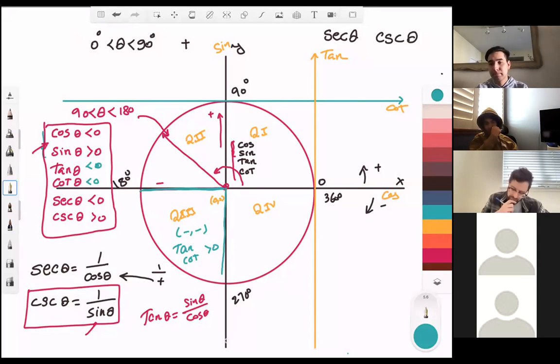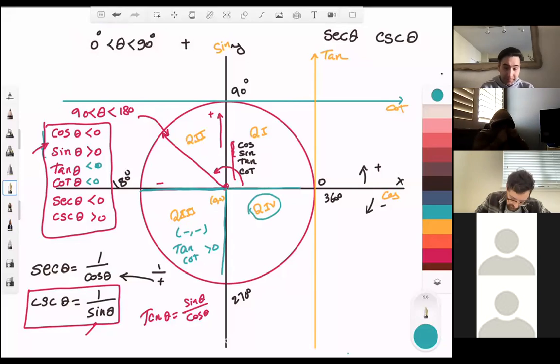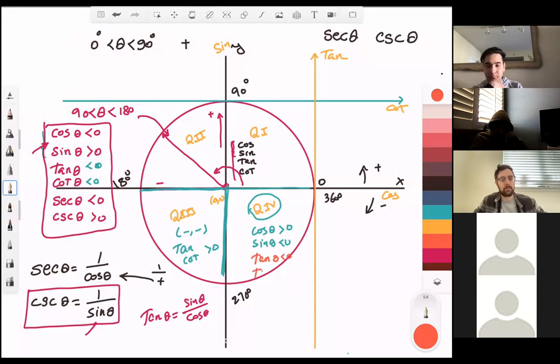All right. What about quadrant 4? So quadrant 4, x is positive. So cosine of theta is positive. Sine of theta is negative because here, sine is negative. Therefore, tangent of theta is negative because we're dividing them.